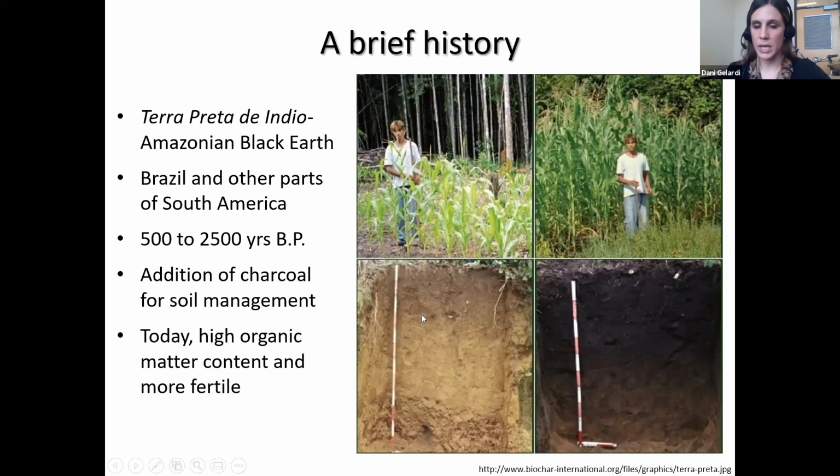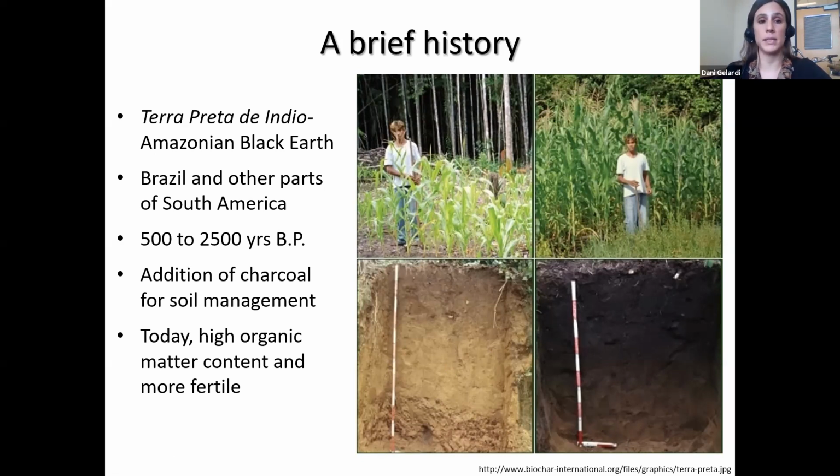So for example, this is the soil that is directly next to this Terra Preta de Indio that has not had charcoal added to it. And you can see that the biochar system yielded these really beautiful green, tall corn plants, whereas the system without biochar did not.